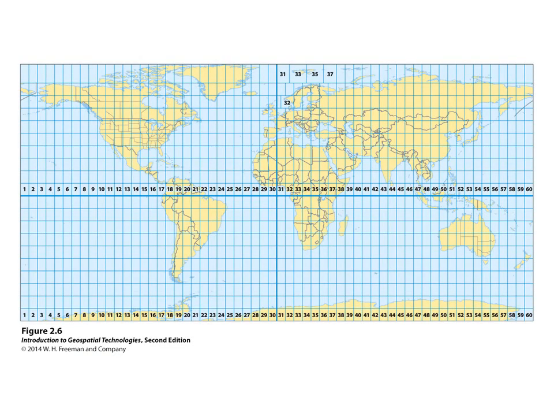UTMs are really cool. They divide the entire planet up into 60 zones. Each zone is 6 degrees wide. 6 times 60 is 360, and that means it covers the planet. For example, if you're looking at some place in Virginia, you're either going to be in zone 17 or zone 18. If you look left to right, going from the center of the screen, you get to zones 17 and 18.